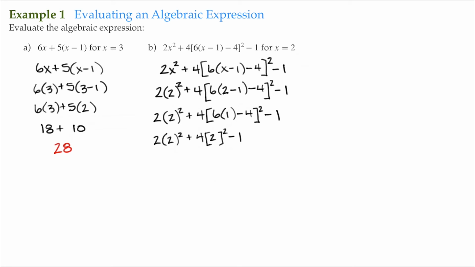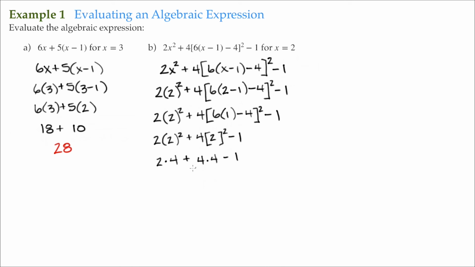Now, according to the order of operations, we do exponents first. 2 squared, that's 4. So this becomes 2 times 4 plus 4 times 4 minus 1.